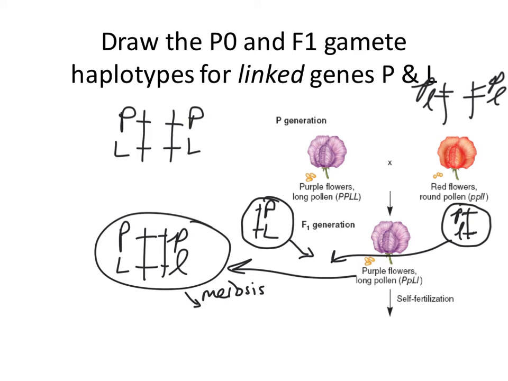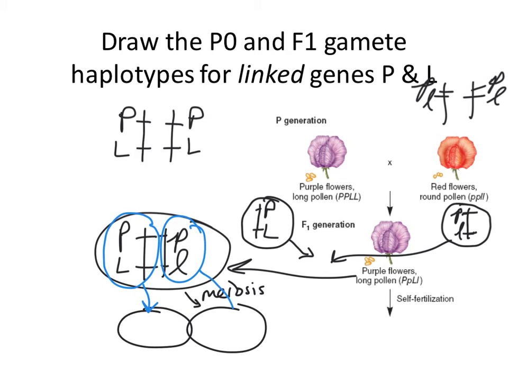It's exactly the same as the parents. So these two alleles go together. Those two alleles stay together. So you get a 1-to-1 ratio. Out of every meiosis you make 4 gametes, but they're in a 1-to-1 ratio. So you get half, that is 2, big P, big L gametes and 2 little p, little l gametes.